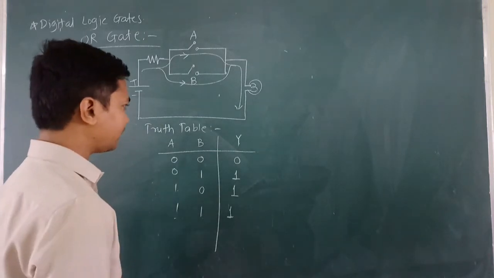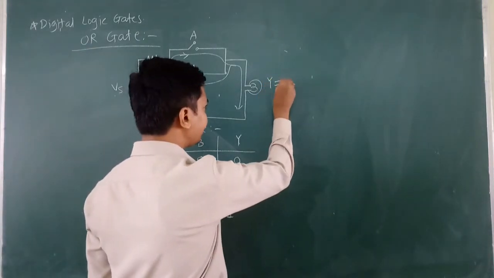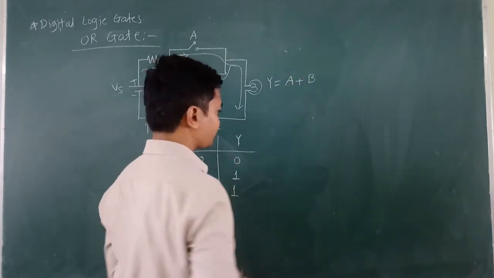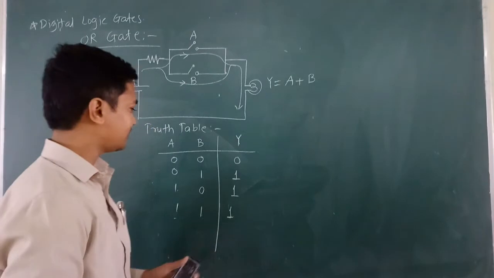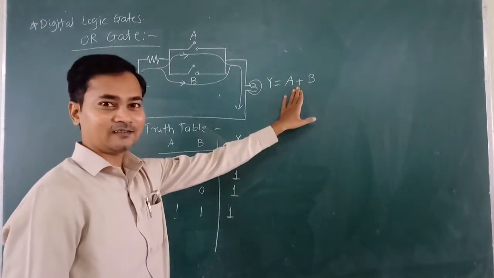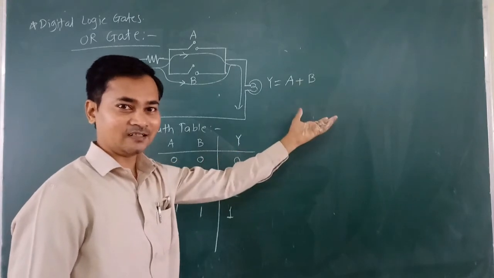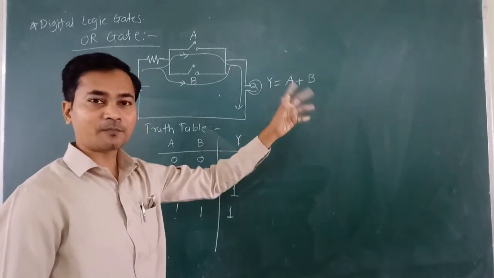From this we can form the equation Y equal to A plus B. Don't be confused, because this plus sign is not for addition. This plus sign indicates the OR operation.